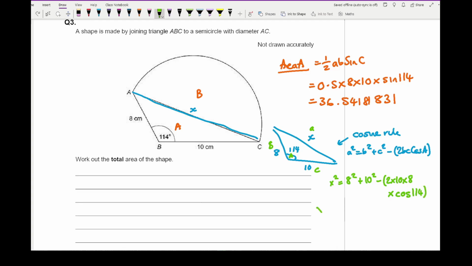Typing that all into my calculator, 64 plus 100 minus 2 times 8 times 10 times cos 114 gives me an answer of 229.077. But I want to work out the value of x, so I square root that answer, and I get 15.1353 and 1839. So that is the value of x.